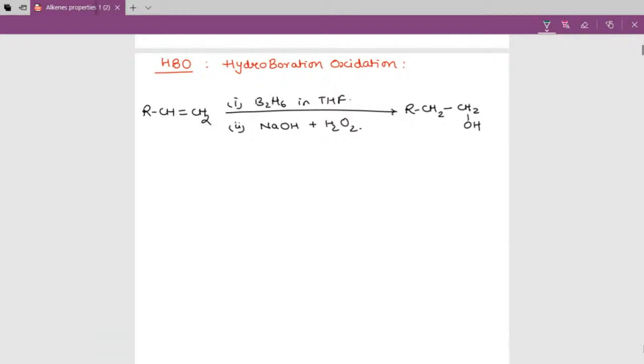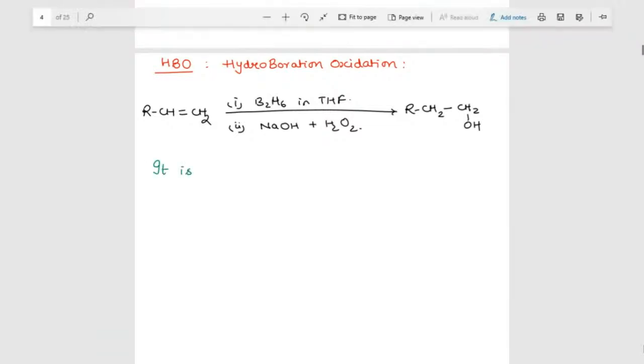So what is the net change in one line if I'm asked to define what the HBO reaction is? I'll say it is anti-Markovnikov addition of water without rearrangement. As you can see, yesterday OH was coming to the more substituted carbon. Today OH is attached to the least substituted carbon.